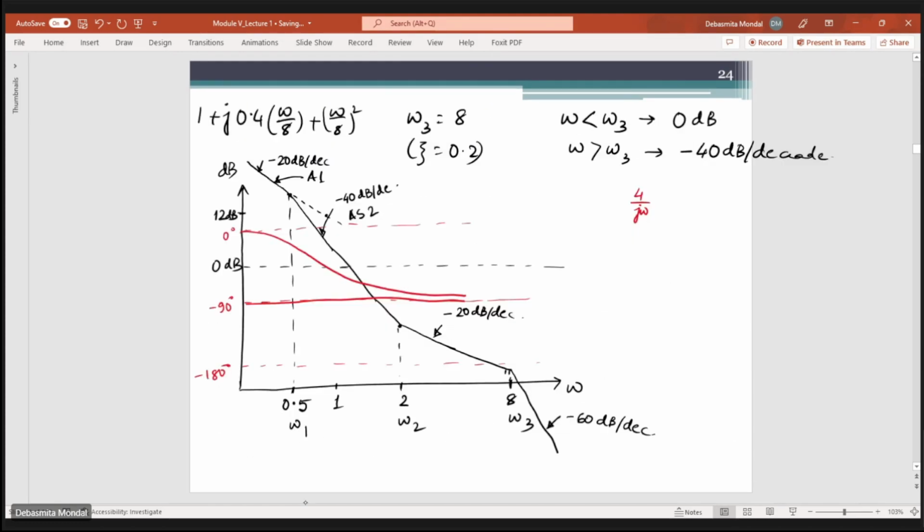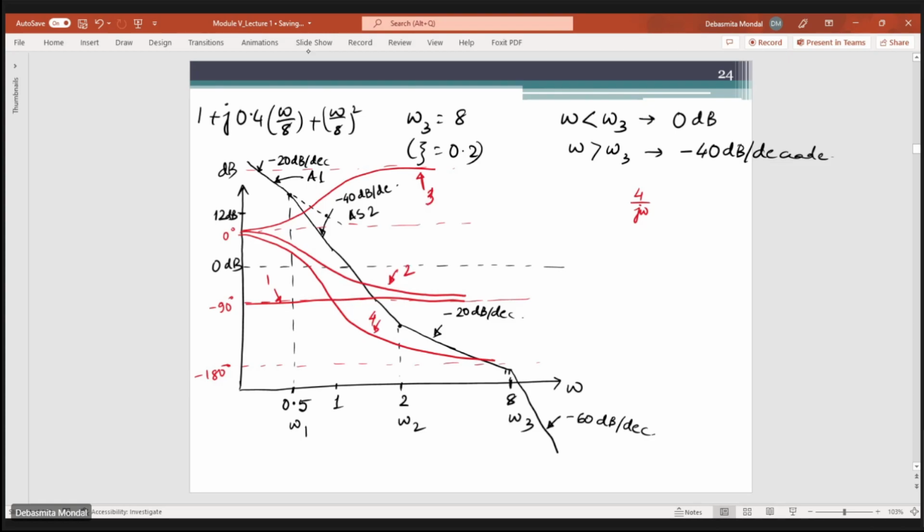So if you have plus 90 degree somewhere over here, it will vary between 0 and plus 90 degree. And for the final factor, it will vary between 0 and minus 180, so it will change like this. So this is plot number 1, this is for 2, this is for 3, and this is for 4.